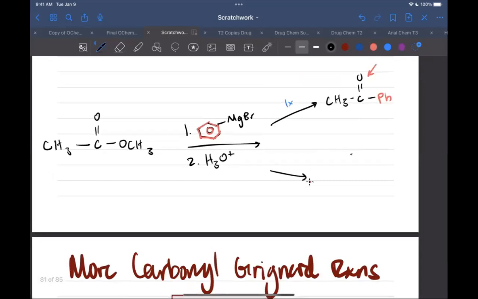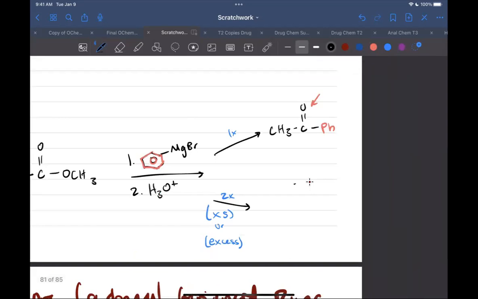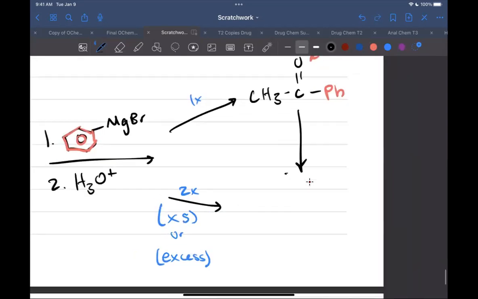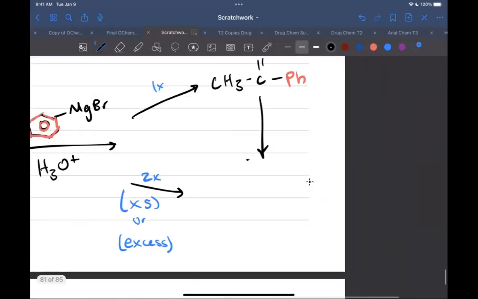But if we were to do two servings, or this could be drawn as excess, well, now we follow our normal Grignard reasons. Hey, we have a ketone now, right? That second serving is essentially adding more Grignard to the ketone you just made in the first serving.